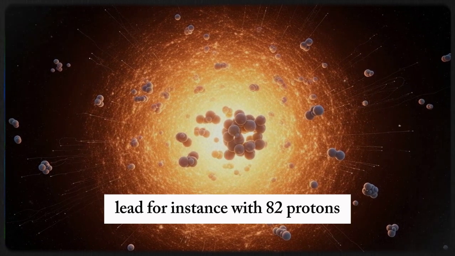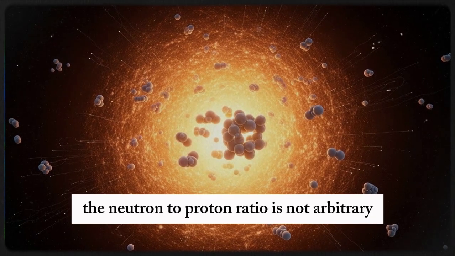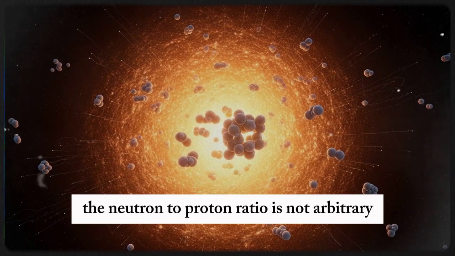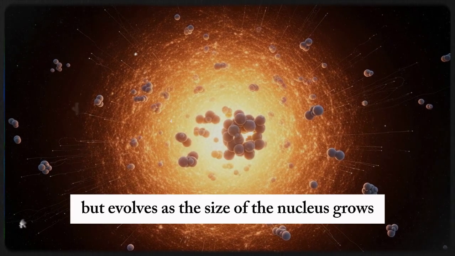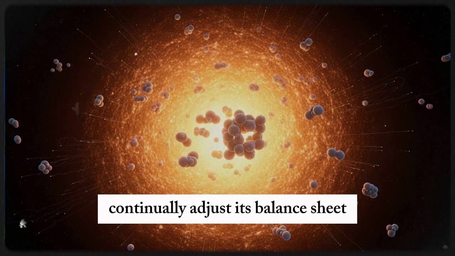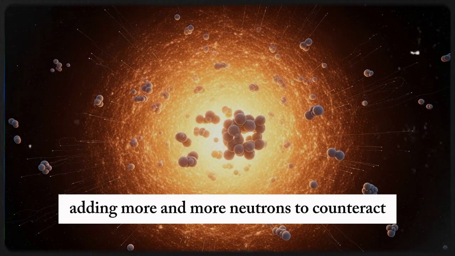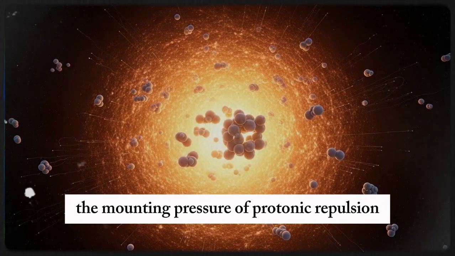Lead, for instance, with 82 protons requires 126 neutrons to remain stable. The neutron-proton ratio is not arbitrary but evolves as the size of the nucleus grows. It is as if the nucleus must continually adjust its balance sheet, adding more and more neutrons to counteract the mounting pressure of protonic repulsion.